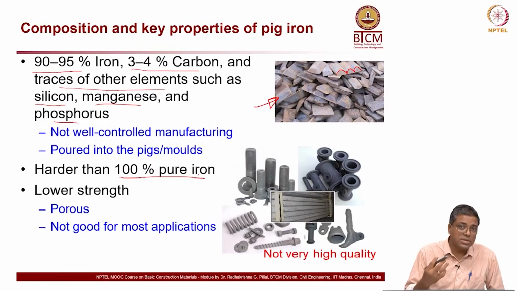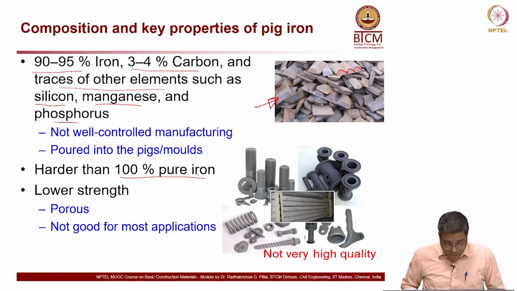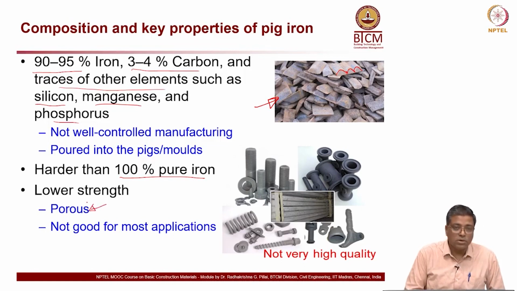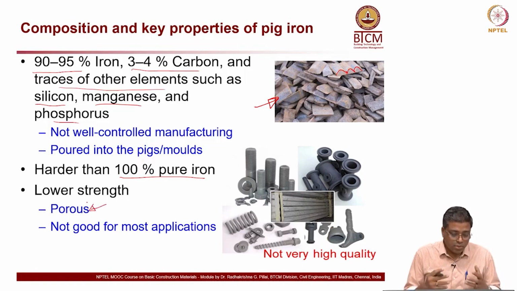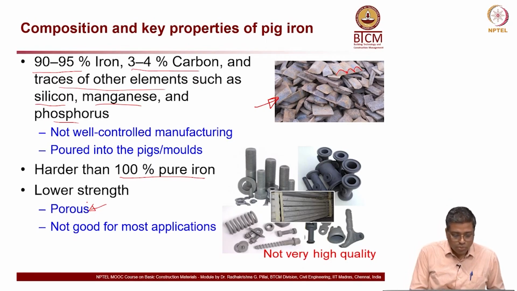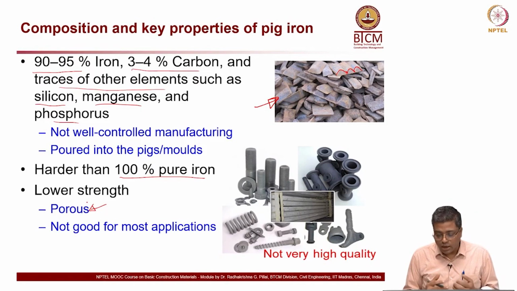Okay, that is why this is harder in nature, and then also lower strength because it is very porous in nature. Because as I said, the manufacturing process itself is not very well controlled. So, because it is porous, low strength, high hardness, mainly low strength, the products which are coming out of this are not really of high quality.